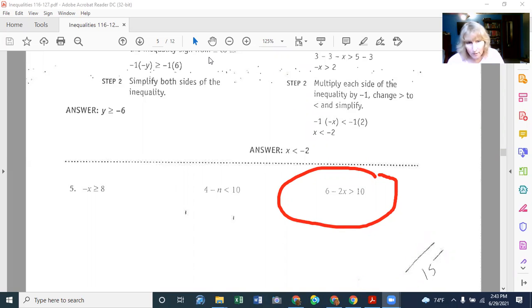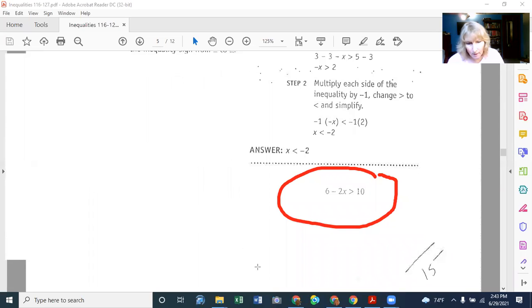So let me make some white space here. Whenever you multiply or divide by a negative number, you need to switch or reverse the inequality sign. So you just got to remember that. Always think if I multiply or divide by a negative number, I have to switch or reverse the inequality sign. So that's going to be one of those trick questions that they're going to try to get you on.